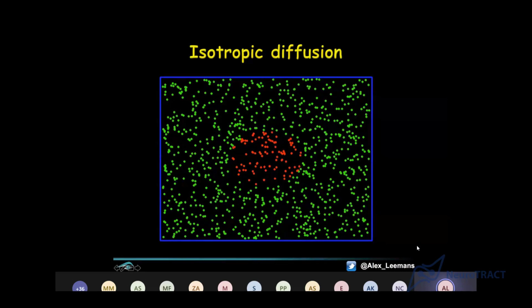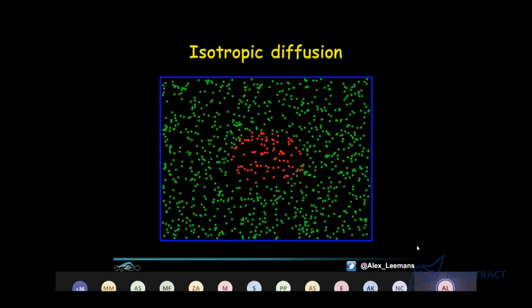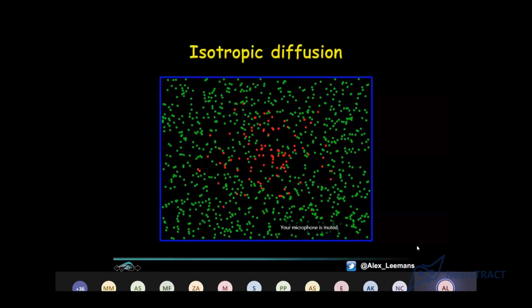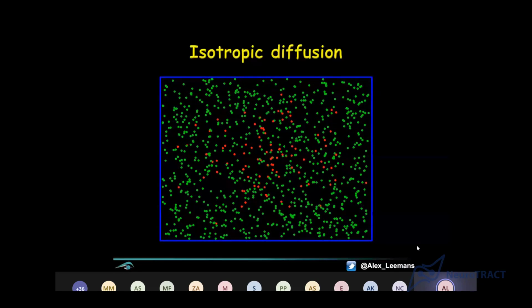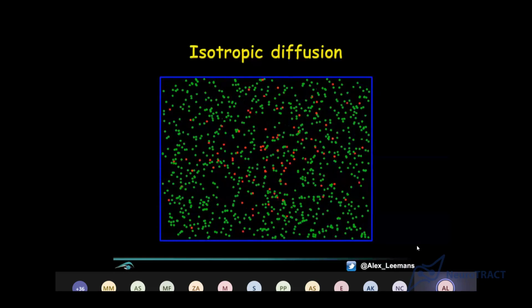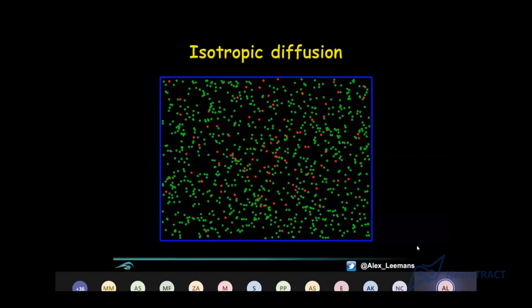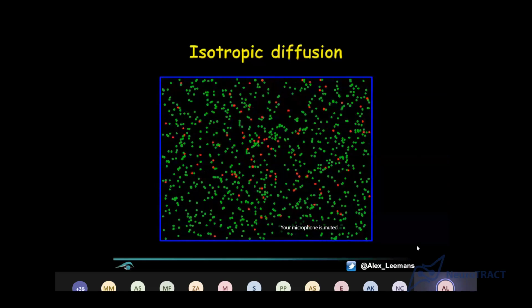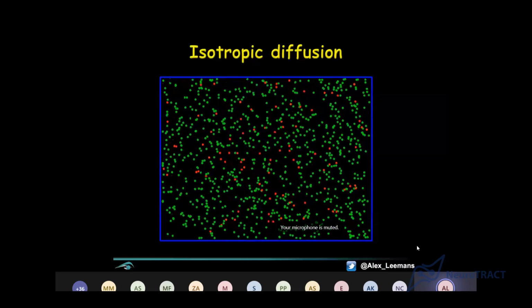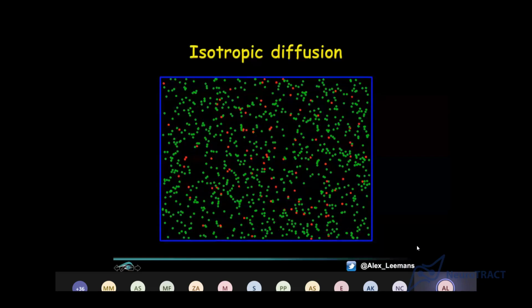So first, isotropic diffusion. If I start the animation again with the particles in the middle, then you can appreciate now that the spread of these red molecules is the same in each orientation, right? Going up, going down, left, right, the spread of the red particles is the same. This is what we call isotropic diffusion.